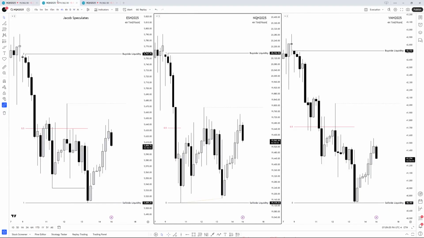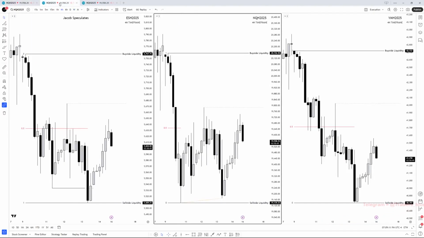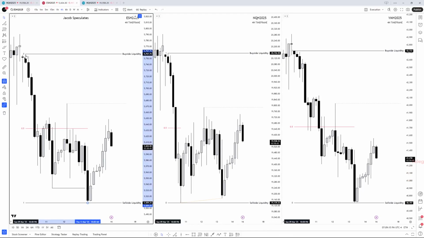And another indicator is if we drop down from the weekly time frame to the 4-hour time frame, if we take the previous week's high and the previous week's low and have our equilibrium being an advanced premium and discount sequence, we can see that there is a minor buy side liquidity resting within premium.